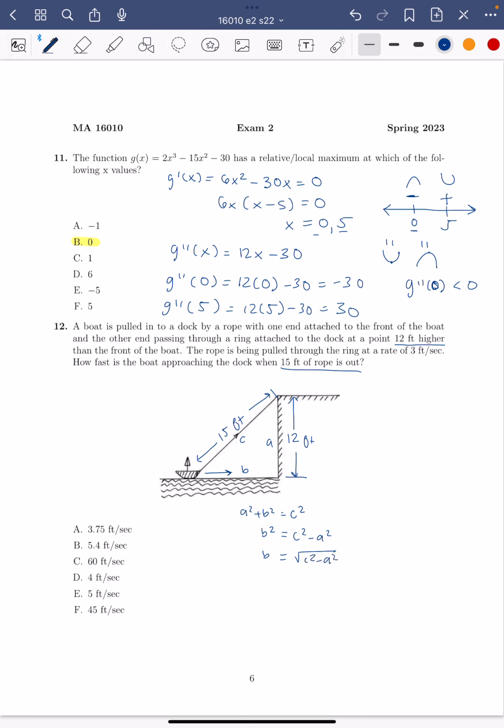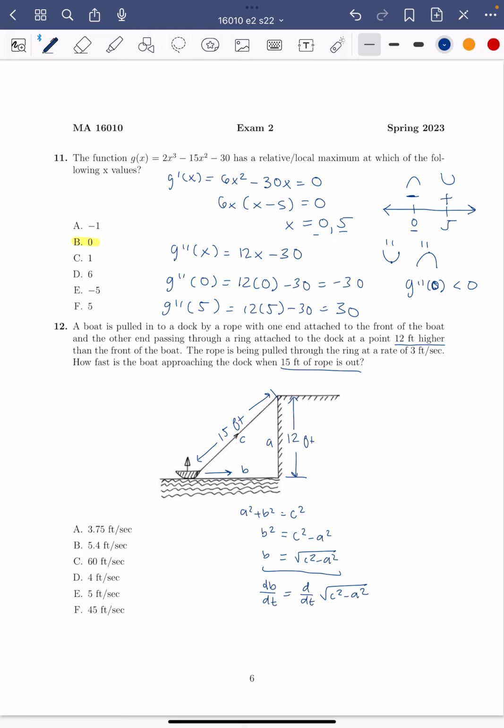Now we're trying to find the rate, so we have to take the derivative of this, because b is the length, but we want the rate. So we need to take it with respect to time. If we take the derivative of b with respect to time, it would be db over dt equals d over dt of the square root of c squared minus a squared.